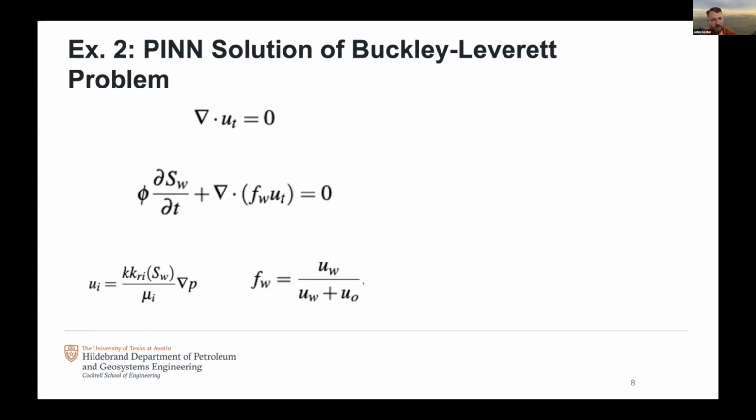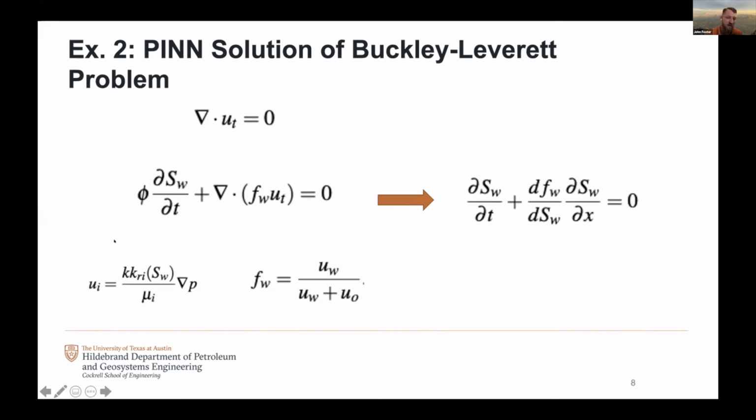So you have a semi-analytic solution to compare to. That's just what it can be reduced to under these assumptions, where you have relative permeability, Darcy's law, and this is how we define the so-called fractional flow curve, and everything can be reduced under certain assumptions to this one equation, which you can solve semi-analytically.